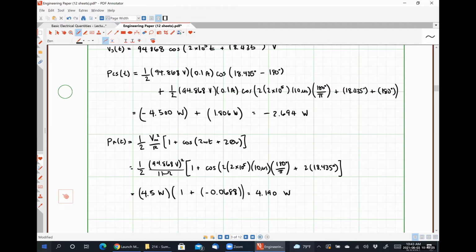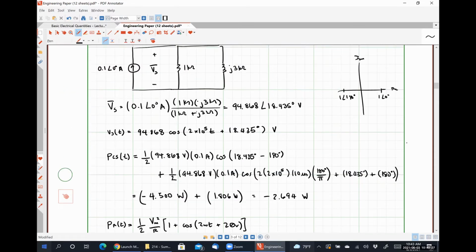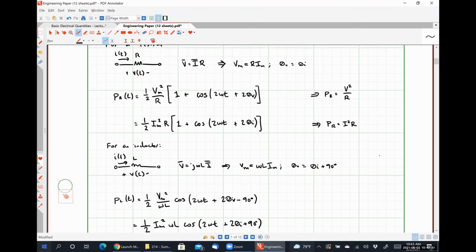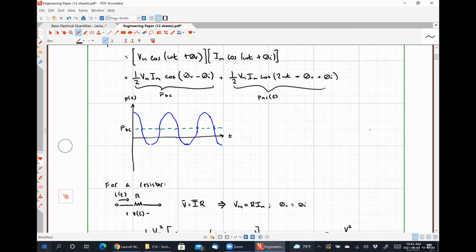So let me scroll up real quick here to show you what I'm talking about. When I made this graph right here for our generic load, everywhere above the horizontal axis, which I'm coloring in here in red, our load is acting like it's absorbing power.